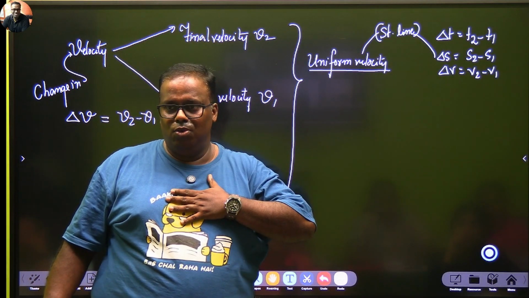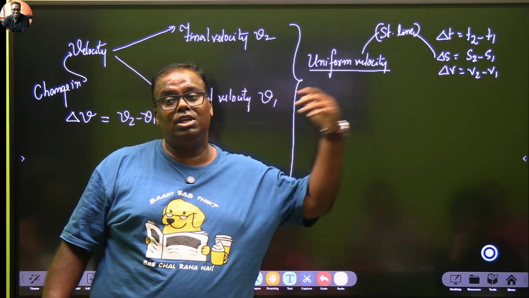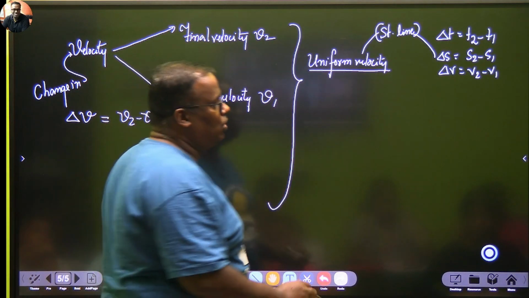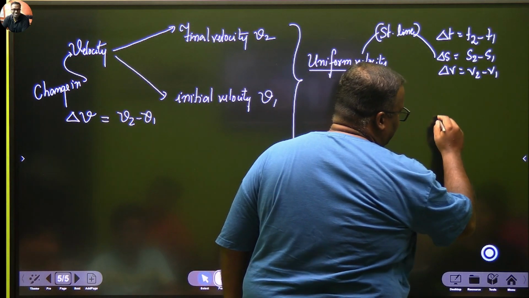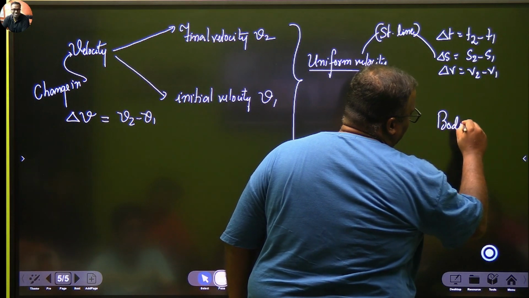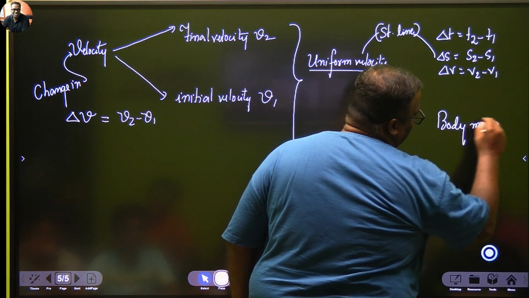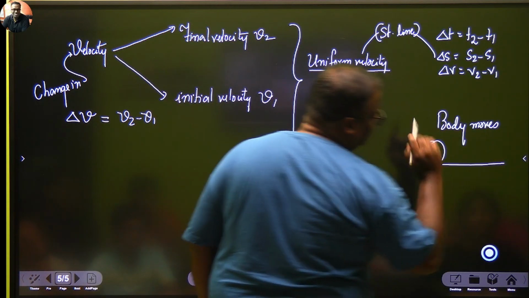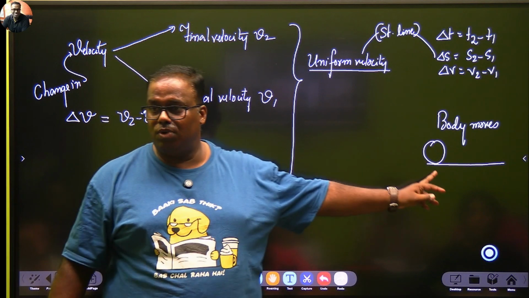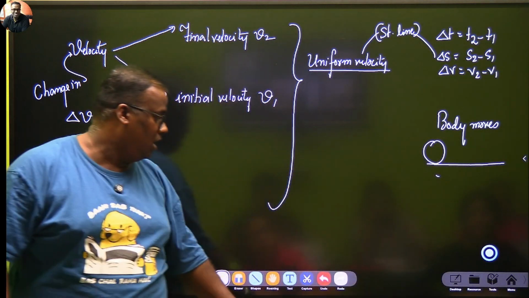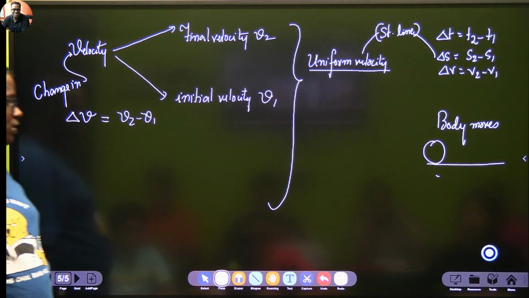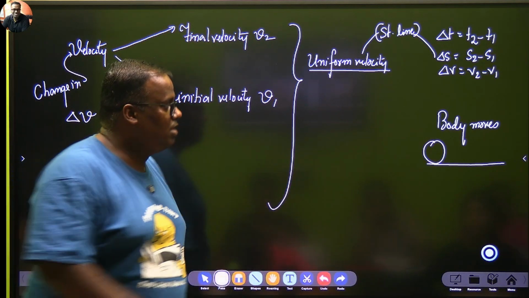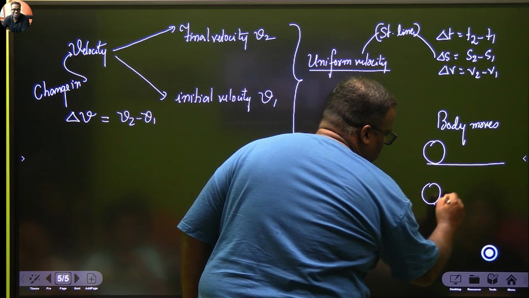Our chapter number 1, from here on we'll talk everything in velocity and displacement. That means one thing we should conclude: if the chapter says a body moves, you should understand that it is always moving in a straight line. This is the first conclusion of your first chapter. Body moves means the body is always moving on a straight line. Why is this body in our chapter not moving like this?